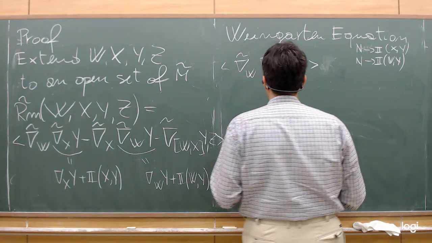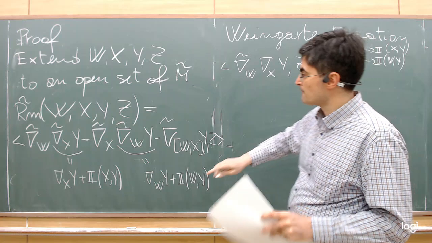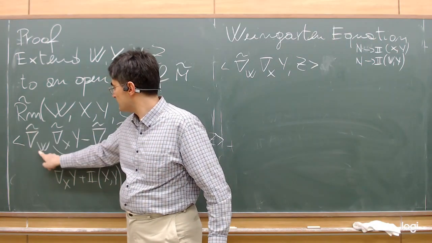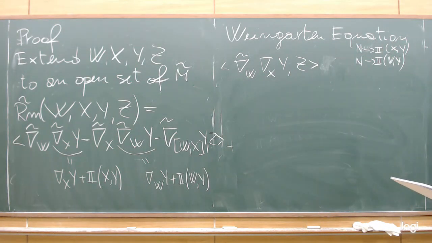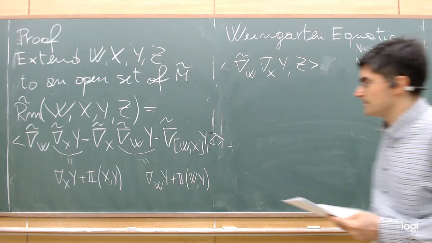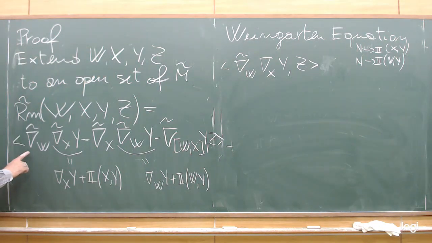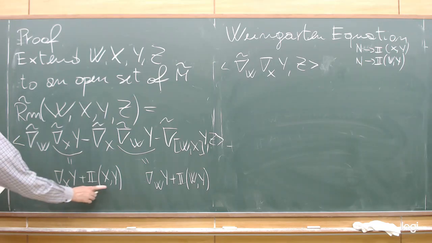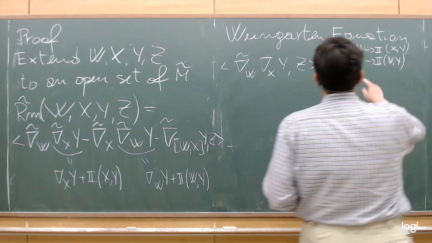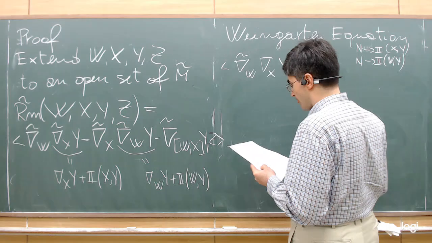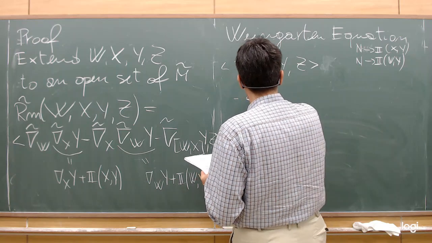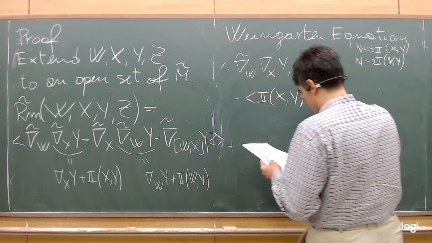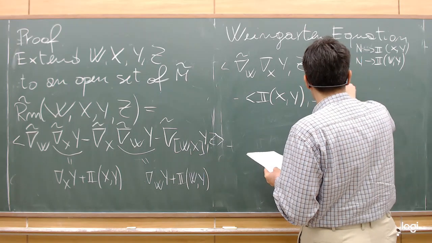If you do this, you will get this term from nabla tilde_W nabla_X Y, then from nabla tilde_W II(X, Y) using the Weingarten equation, you will get minus II(X, Y), II(W, Z).